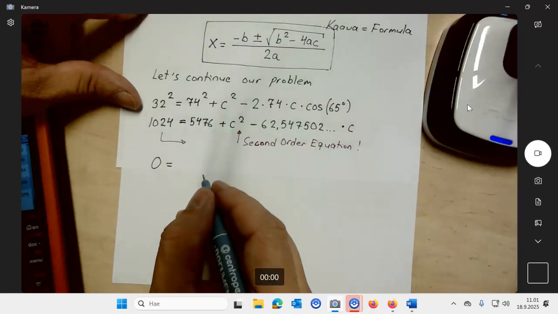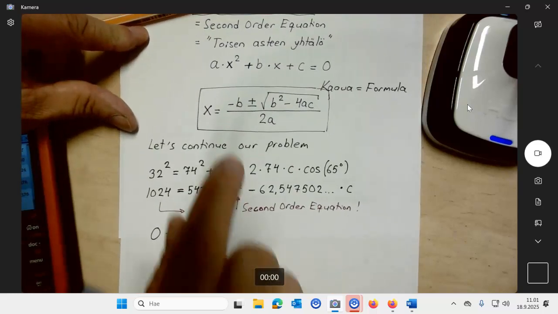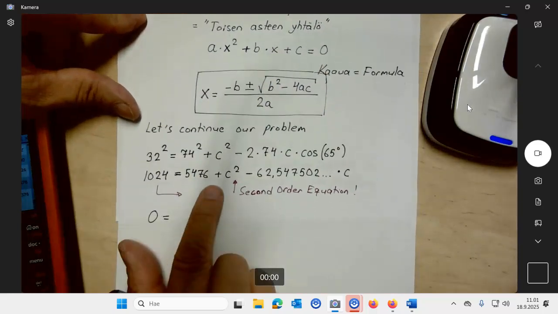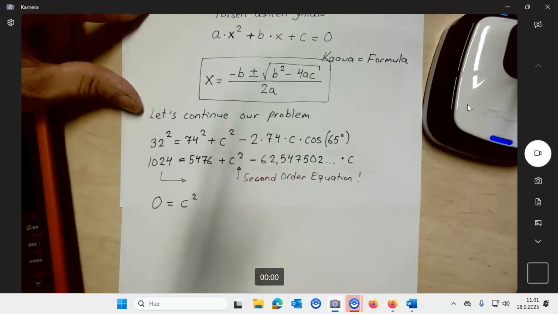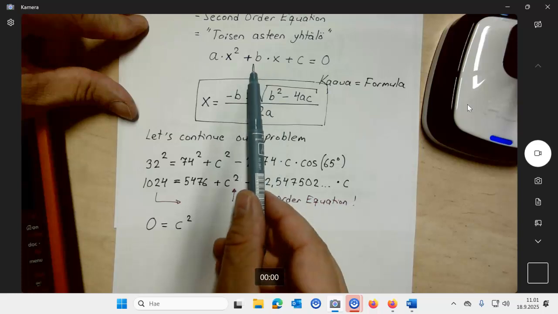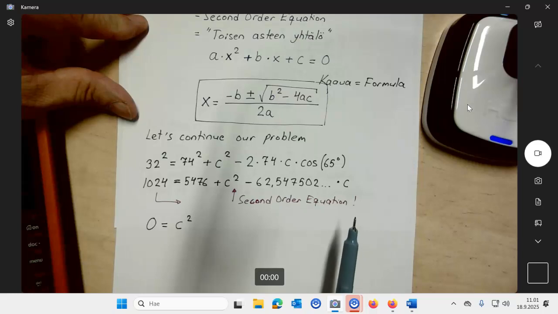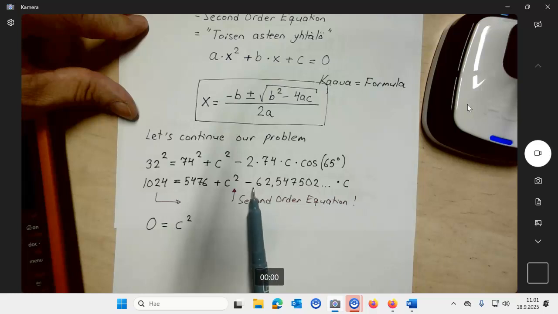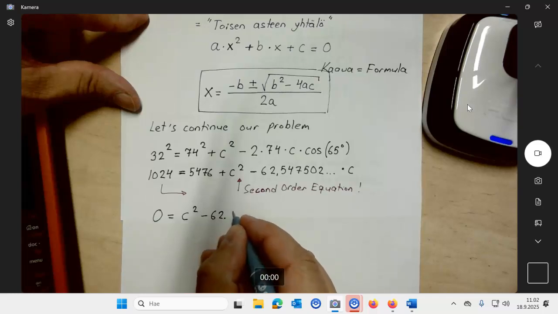And then I will write this equation in this form as here. The second order term is only this here, c squared, and after that the first order term, where there is only this unknown without exponent or power. In this case it is this last part here. So there will be minus 62 point something.